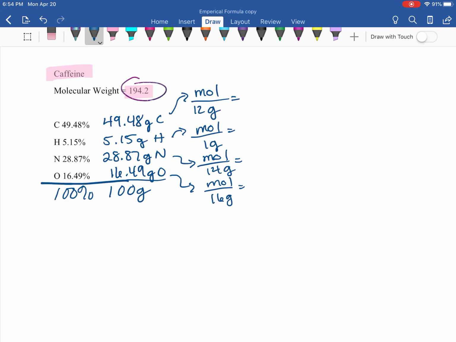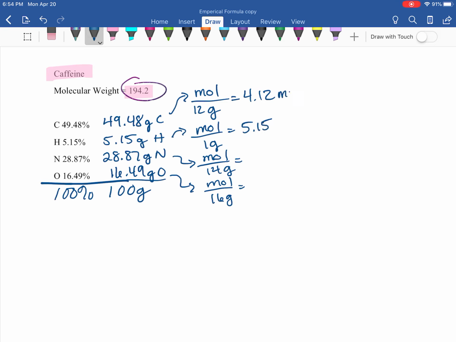All right, grab your calculator. Let's do it. 49.48 divided by 12. I get 4.12. Anybody with me on that? All right, this one I don't even need.